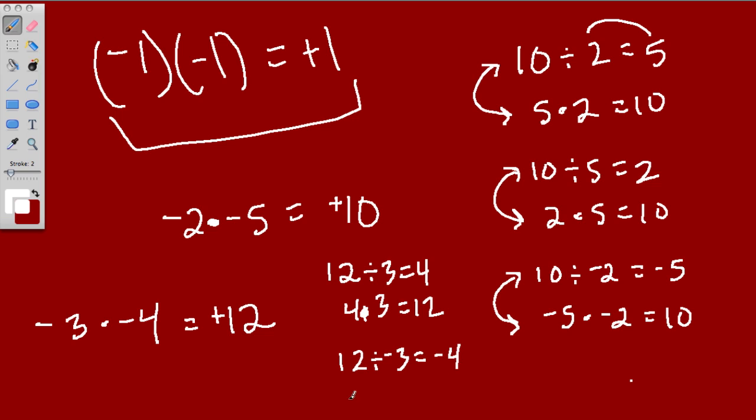So that means that negative 4 times negative 3, or in this case, negative 3 times negative 4, remember the commutative property tells me that the order does not matter, it won't change the product, has to be a positive 12. If it was anything but positive 12, then multiplication and division wouldn't be related as we know them. And that would be weird. I mean, 12 divided by 3 is 4, so then 4 times 3 would be negative 12.